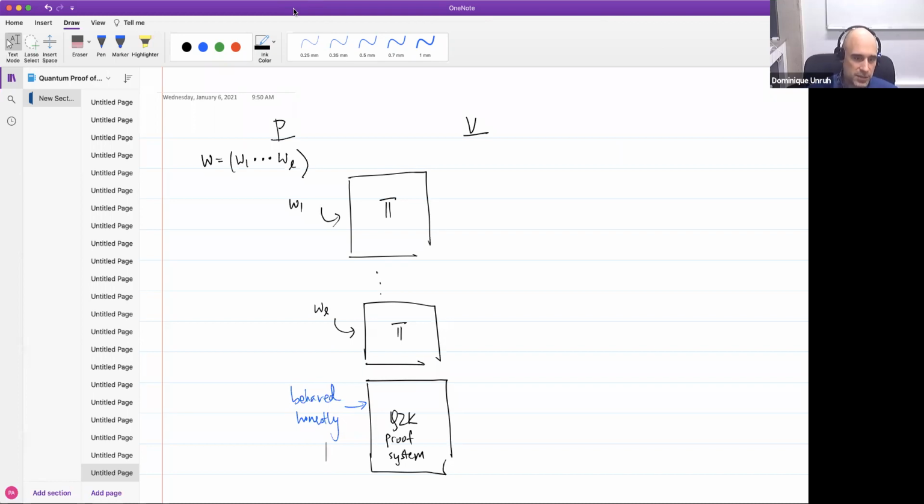But here something interesting is happening, because during the execution the prover could still just put in anything. While we extract, we don't know that it's the correct witness, because we haven't done this final proof yet.